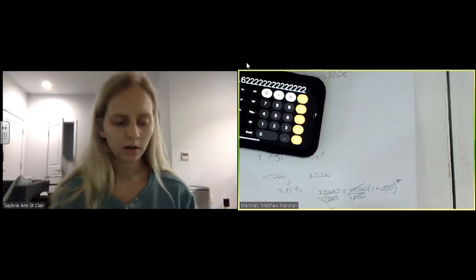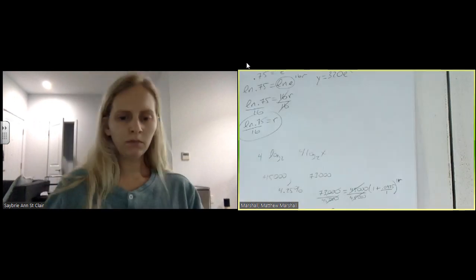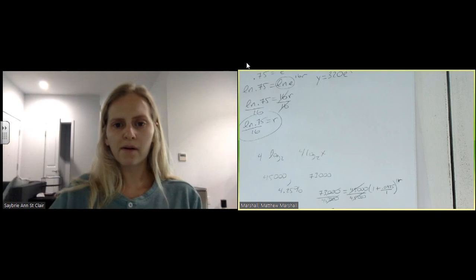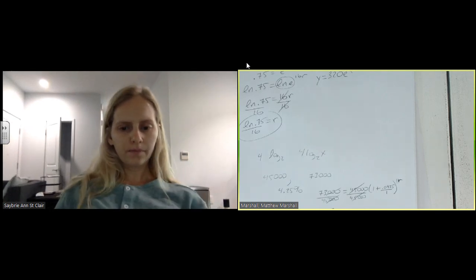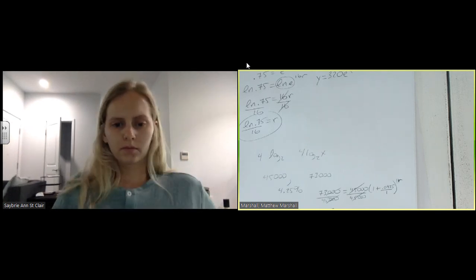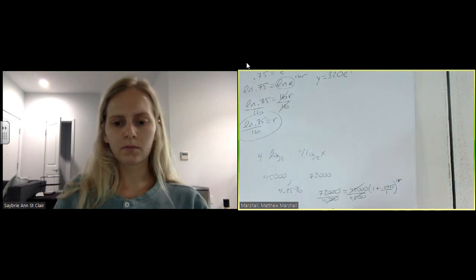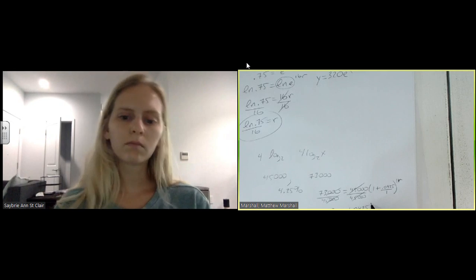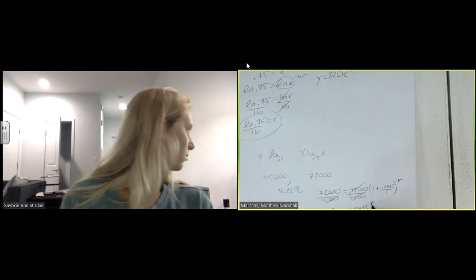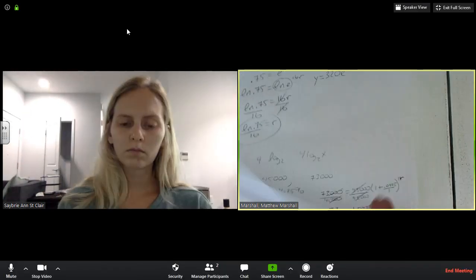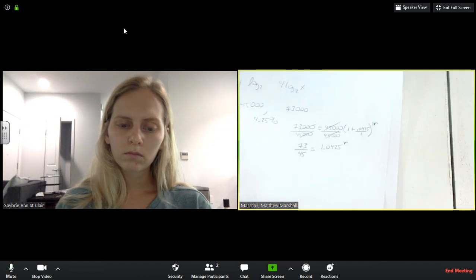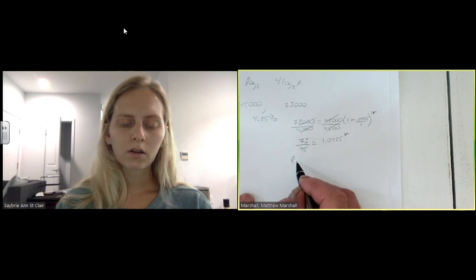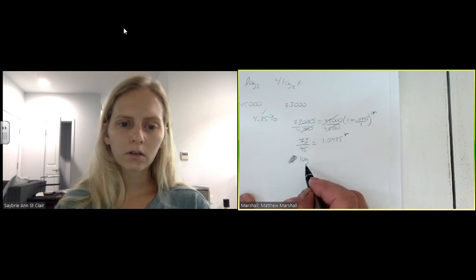And then 1, let's see what that is. 0.0425 divided by 1 is 1. So this is 1.0425 to the R power. Alright, so I'm going to natural log it. I'm going to regular log it. I'm going to log this side.